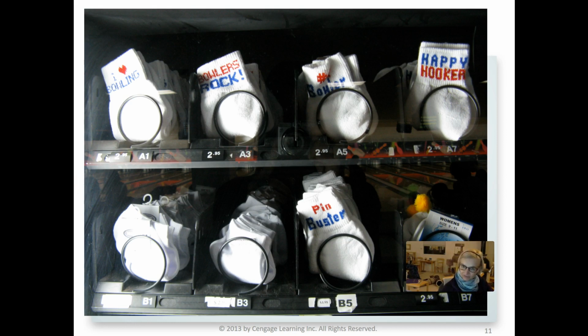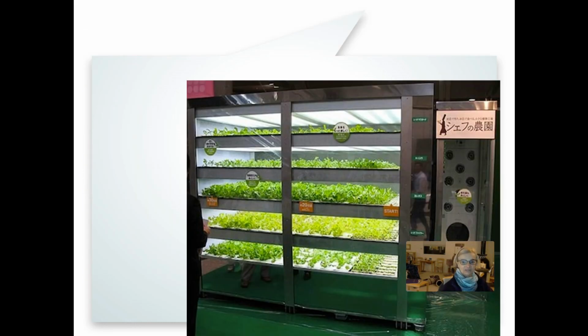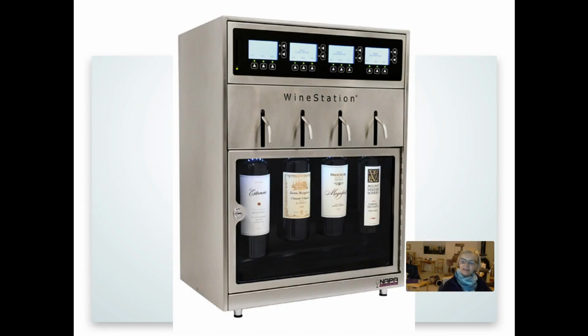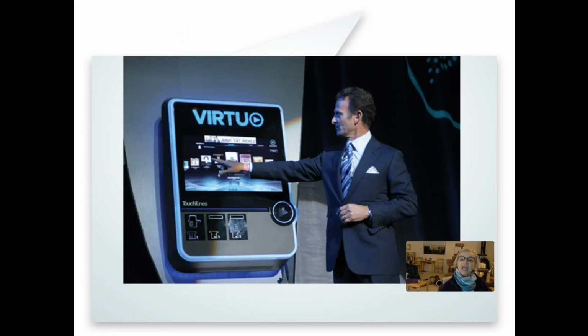Have you been to an airport lately? Interesting vending machines there. And yes, there are even herbs sold in vending machines. Hey, running out of flatware for your impromptu party? And how about that? I looked into this, very, very interesting. And even the good old jukebox has gotten a makeover.